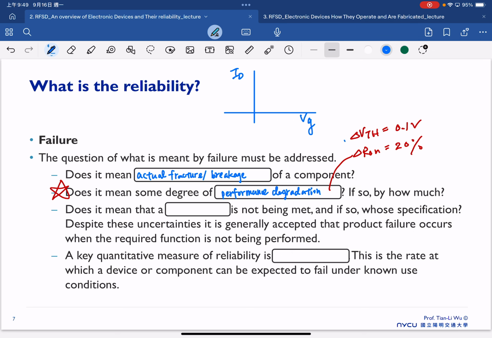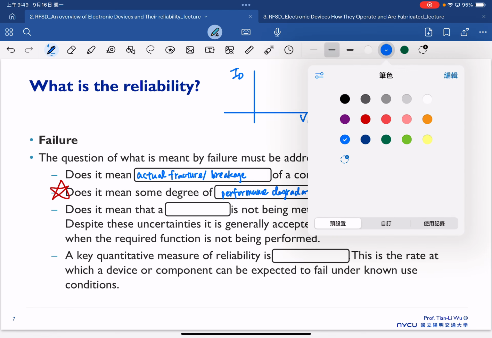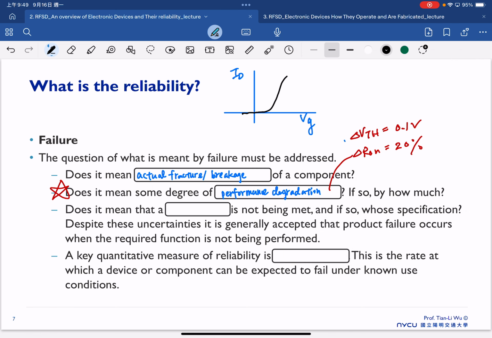Initially we have a curve like this one, and then after certain operation we can clearly see the threshold voltage will shift to the right-hand side, and this amount is what we call delta VTH. So in this case we can define that as long as our delta VTH is equal to 0.1 volt, we can consider our device already failed.